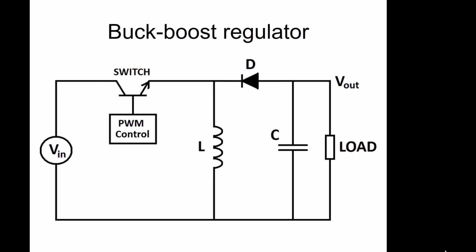So what we have is we close the switch. So current is flowing through here. You cannot get any current flowing through that way because the diode will be in reverse bias. So you get current flowing around there.